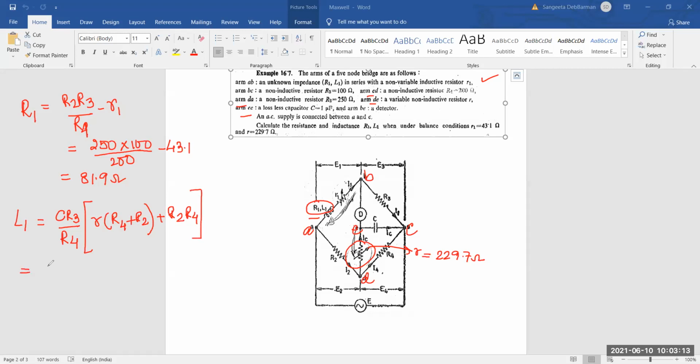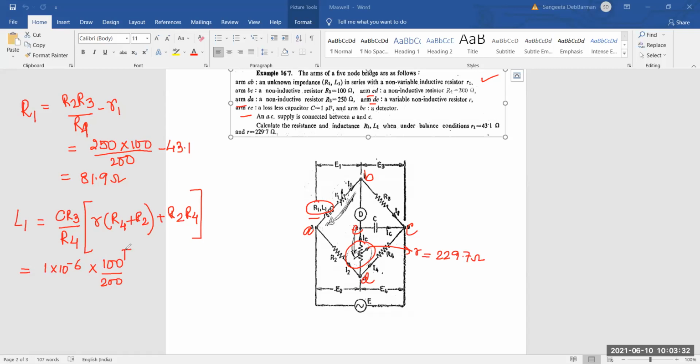Now you tell me all the values you know. Our capacitance is 1 microfarad, so it will be 1 multiplied by 10 to the power minus 6. What is my R3? It's 100. And what is my R4? It's 200.